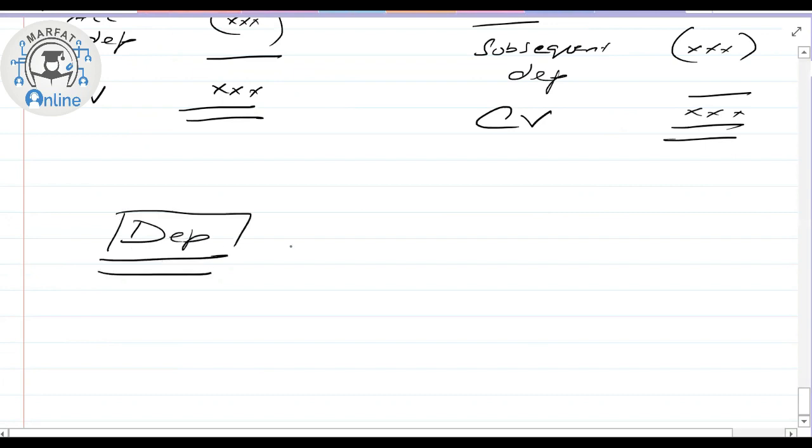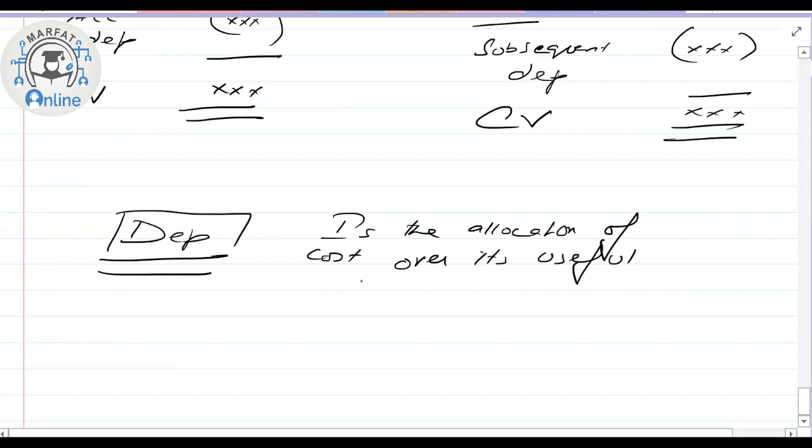Now you have studied this thing many times in your accounting papers. Depreciation is the allocation of cost over its useful life.